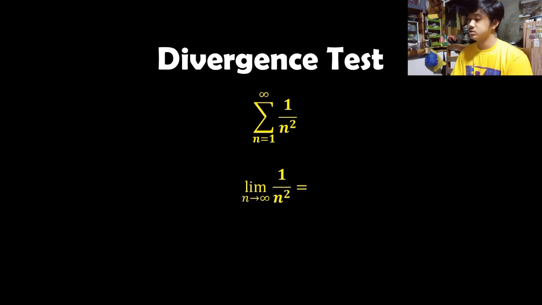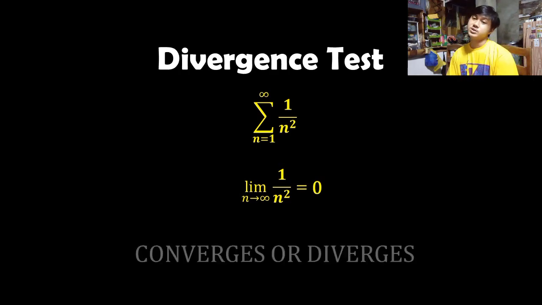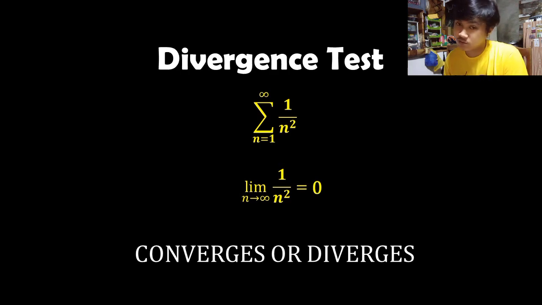Then the answer here is 0. So does this infinite series converge or diverge? It basically says that the divergence test is not enough to tell us whether the series converges or diverges. So that's all.